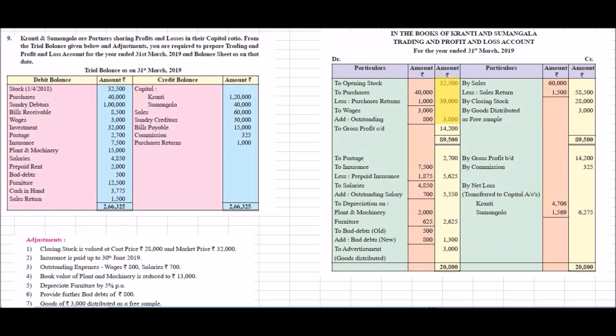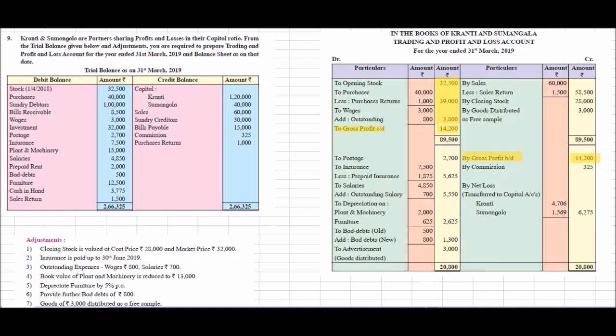We deduct these amounts from the 89,500 rupees, so we are left with a balance of 14,200 rupees. This is the gross profit. This gross profit is carried over and will come on the credit side of the P&L account; that is 14,200 rupees we are taking in the P&L account as gross profit.